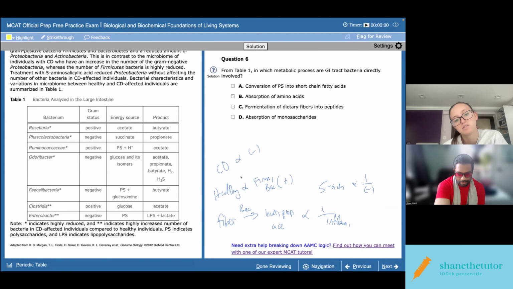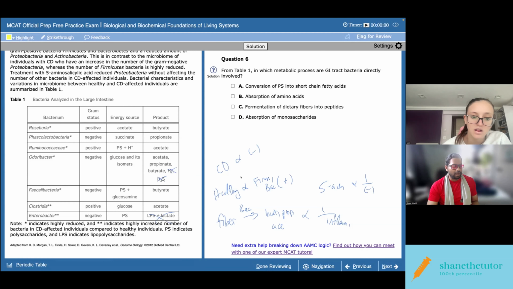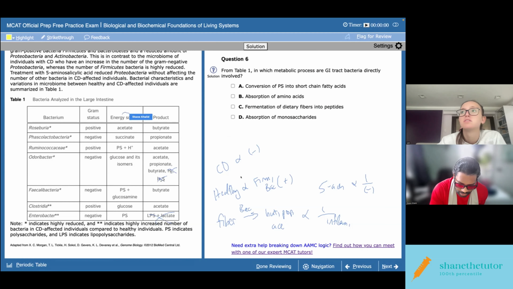They didn't give us that either. So those are not going to be what we're concerned with, but we want to find something that takes this and turns it into that product, right?